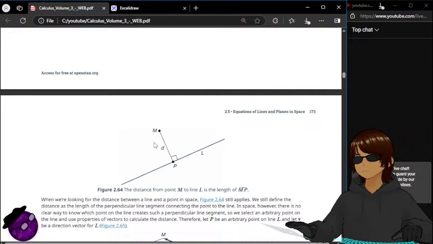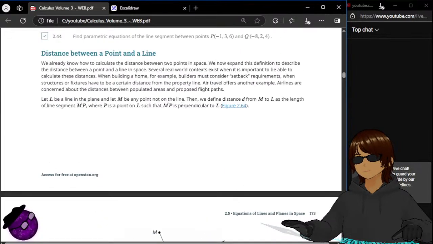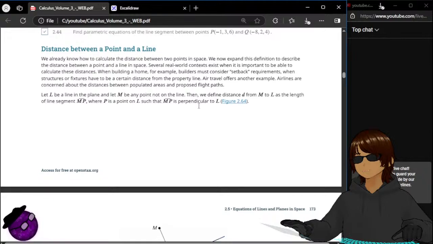We have M, then we have line L. We are trying to find the shortest distance t between M and the line L. We define the distance t from M to L as the length of the line segment MP, where P is a point on L such that MP is perpendicular to L.